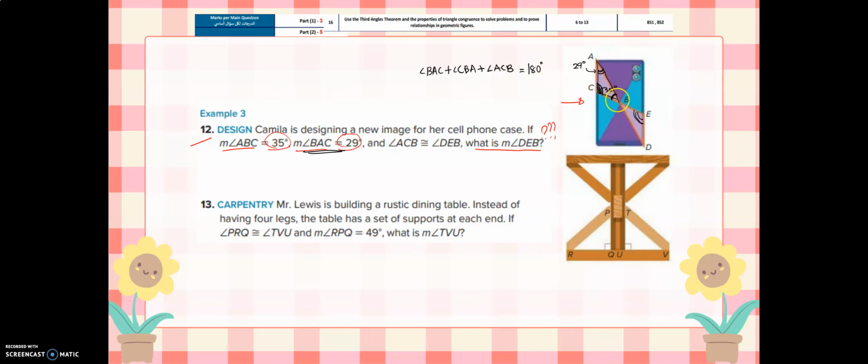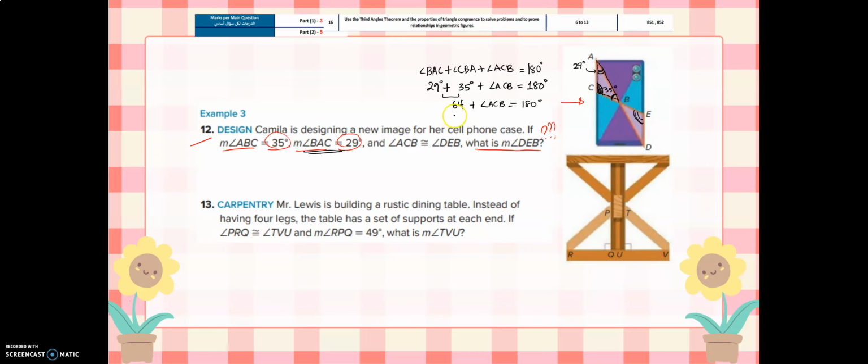So if the measure of BAC is 29 degrees plus the measure of CBA, which is equal to 35 degrees, and then plus the measure of angle ACB, we need to find this out, and this is equal to 180. So we need to combine 29 plus 35. So 29 plus 35 is equal to 64. If we add them, we have 64 plus the measure of angle ACB, which is unknown, equal to 180 degrees.